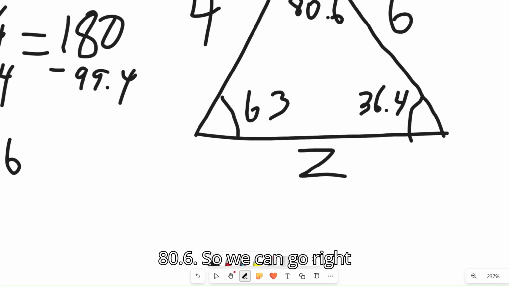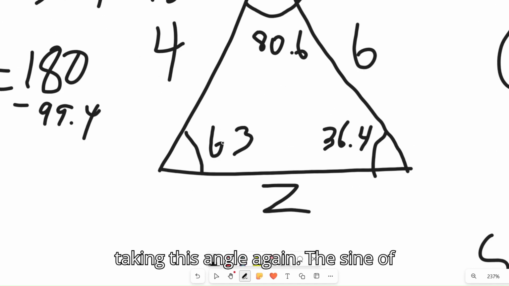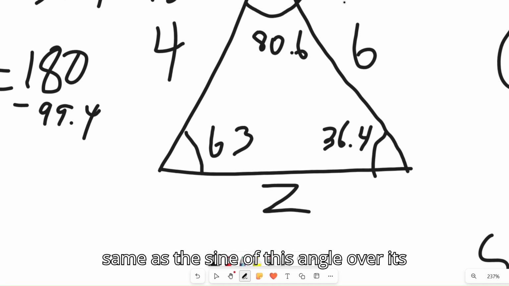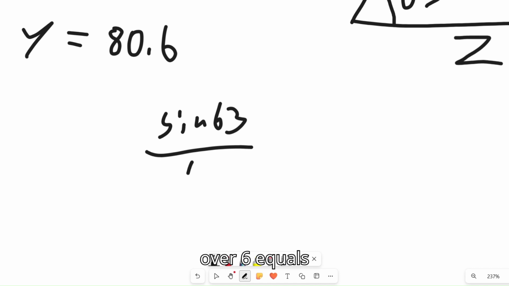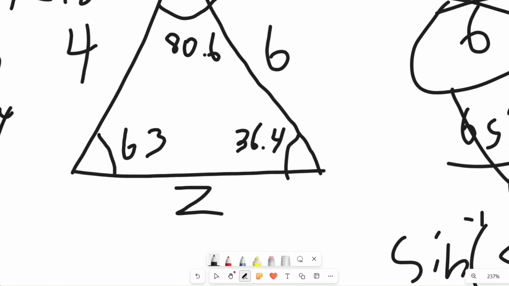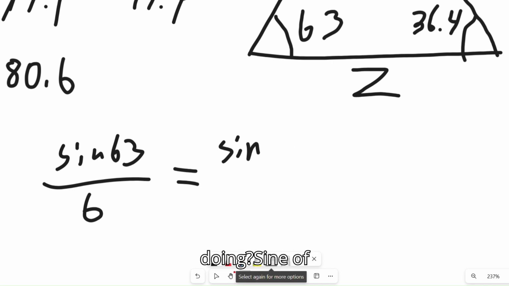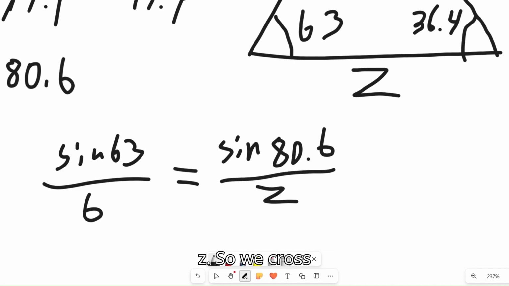So now I know that this angle right here is 80.6. So we can go right back to doing the law of sines. The sine of this angle over its opposite will be the same as the sine of this angle over its opposite, z. So the sine of 63 over 6 equals the sine of 80.6 over z.